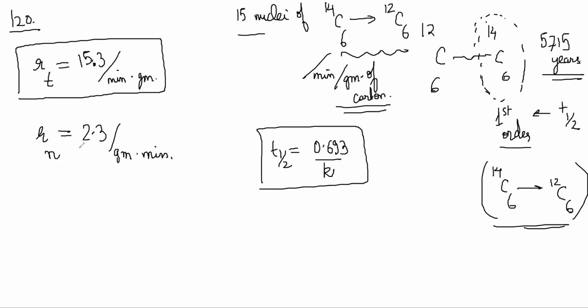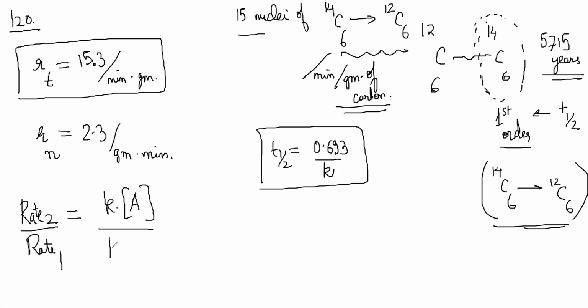So basically, you can say divide by that, right? You can say rate 2 by rate 1. Rate 2 by rate 1 should be equal to K times concentration of the nuclei by K times concentration of the nuclei at this moment, right?